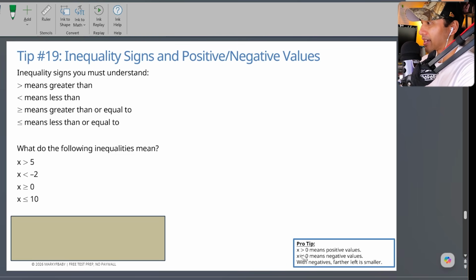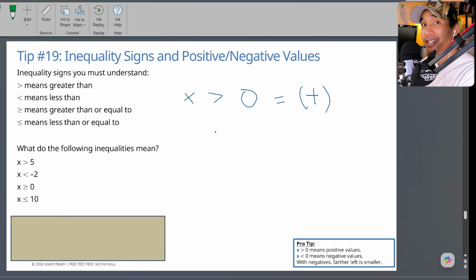Another thing that's on the pro tips, and I'm going to emphasize it, is this, okay? When you have something written like this, x greater than 0, this actually equals positive values, positive x values.